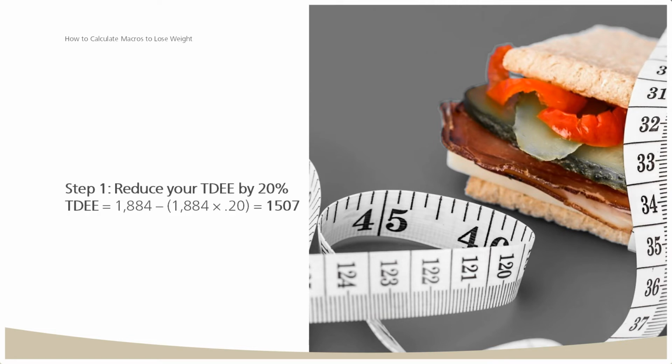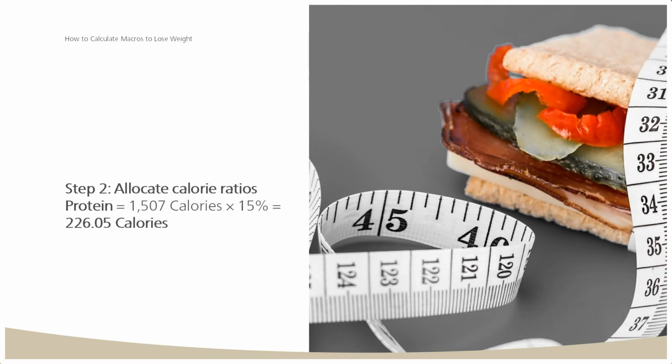Step 1. Reduce your TDE by 20%. TDE is equal to 1,884 minus 1,884 multiplied by 0.20, which is equal to 1,507 calories. Step 2. Allocate calorie ratios.